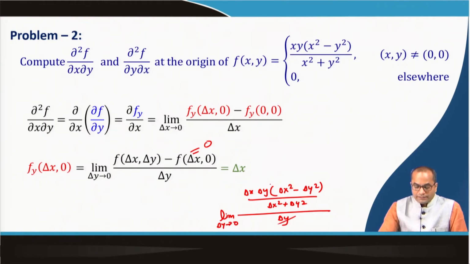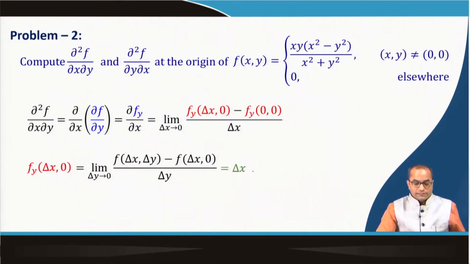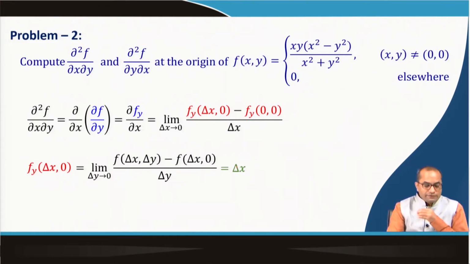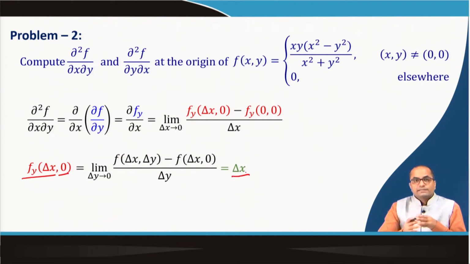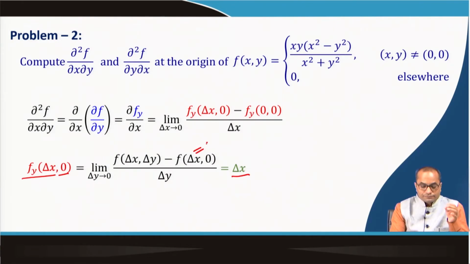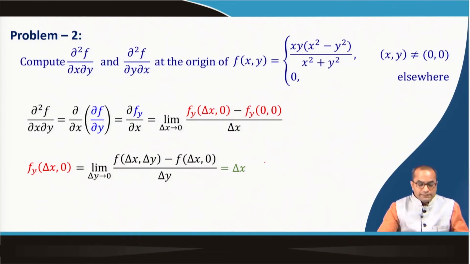So, Δy and Δy will get cancelled, and when we take the limit, this will become 0, this will also become 0, and we have here only Δx. So, f_y at (Δx, 0) is simply Δx, and f(Δx, 0) is 0. With this anyway we have got this Δx.